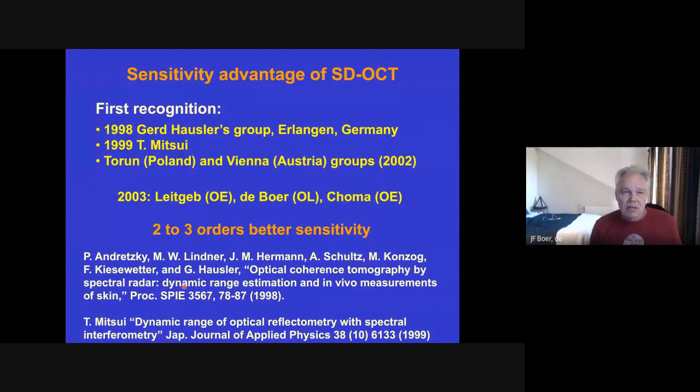This was predicted more or less in 1998 and 1999 by Mitsui, and actually experimentally demonstrated in 2003 by 3 groups more or less simultaneously. The consequence was that the sensitivity of this approach was about 2 to 3 orders of magnitude better. So that meant that we could measure 100 to 1,000 times faster and still be able to acquire images with the same quality as before.